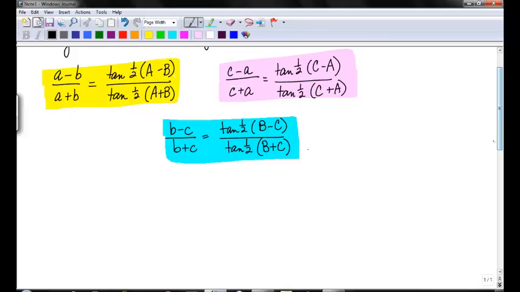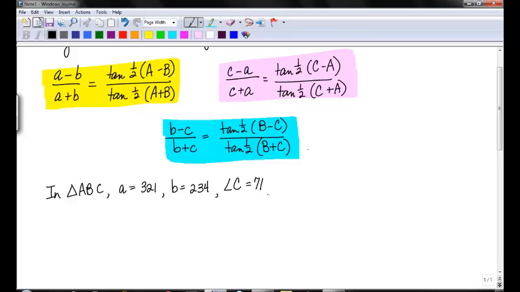Okay, so let's look at an example. In triangle ABC, side A is 321, side B is 234, angle C is 71.